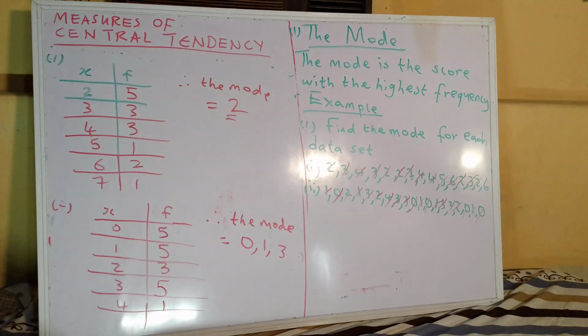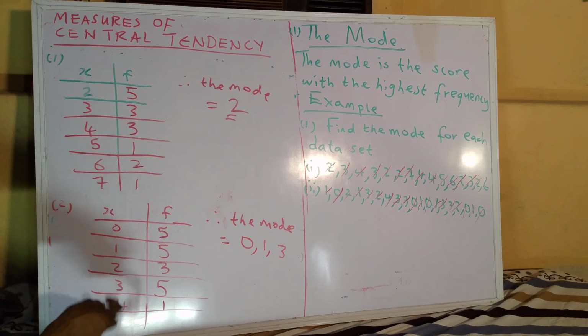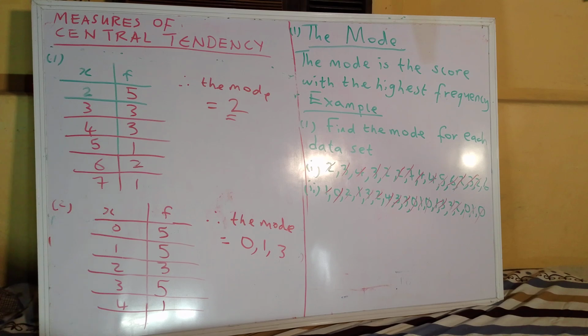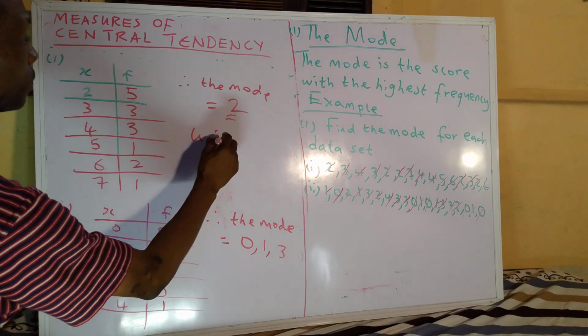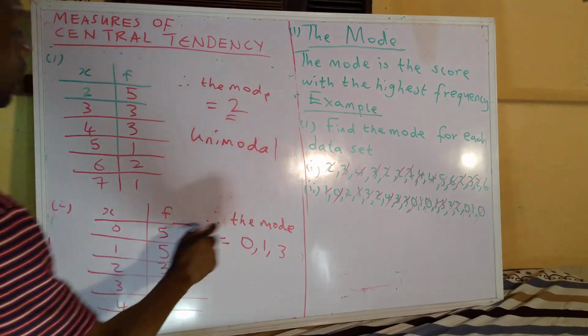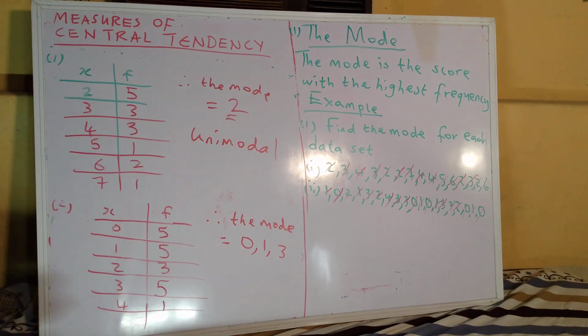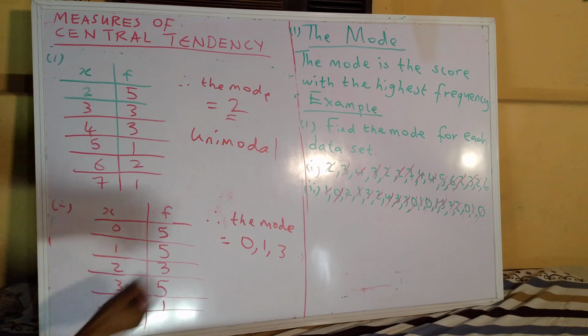You can see we have 3 modes in this case. Since they have equal frequencies and they are also the highest frequency, that means we have 3 modes. You write the 3 of them. In the first case, we have only 1 mode, so it's called unimodal. In the second case, we have 3 modes with the highest frequency, so you call it trimodal.